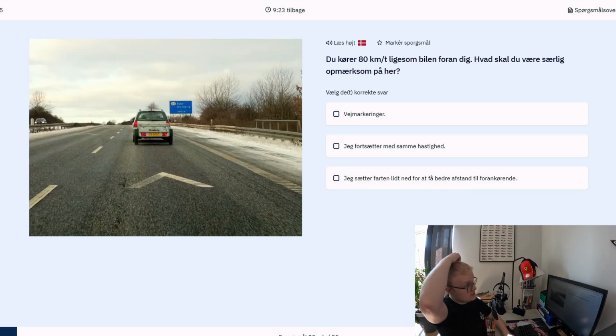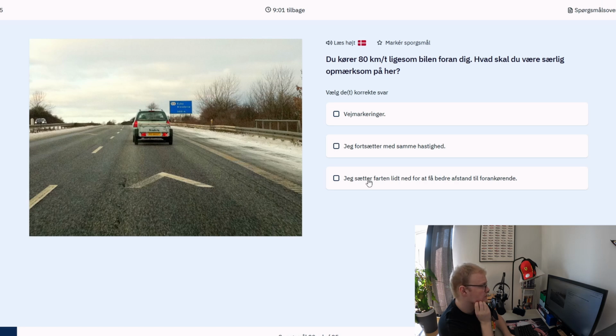Okay, you're driving 80 kilometers an hour like the car in front of you. What do you have to be especially observant of? Road markings. I continue with the same speed. I speed up. I slow down to create better distance from the driver in front.